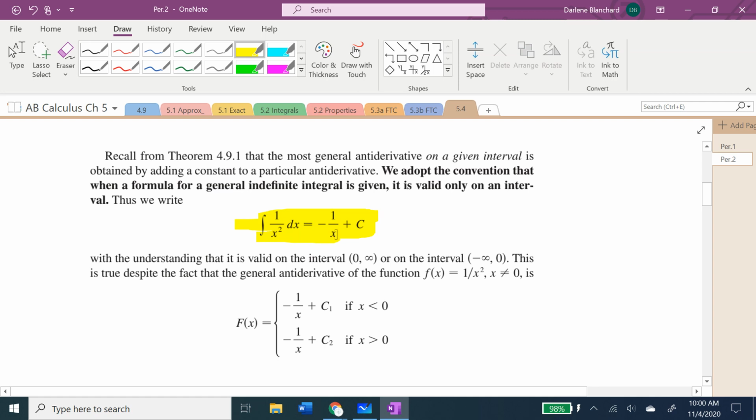Be aware that technically, if you have a discontinuity, especially one due to a vertical asymptote, you are getting a piecewise defined function. You're not going to worry about that in this class, but I want you to be aware that technically this is going on behind the scenes when we solve indefinite integrals without worrying about domain issues.